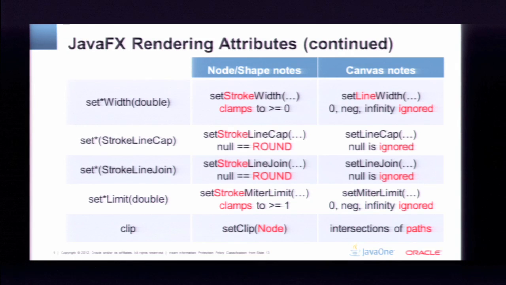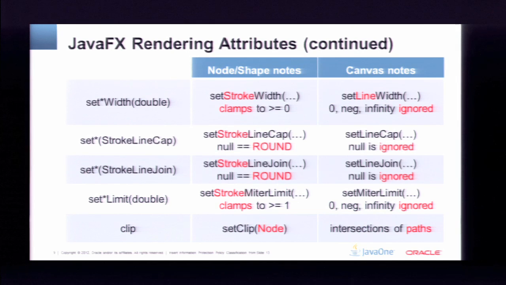The clip attribute is fundamentally different. Shape, being a node, has an arbitrary clip that you can set, which can be any node, and it uses the visual representation of that clip node to mask what this node renders, which is very flexible, and you can do a wide variety of things.